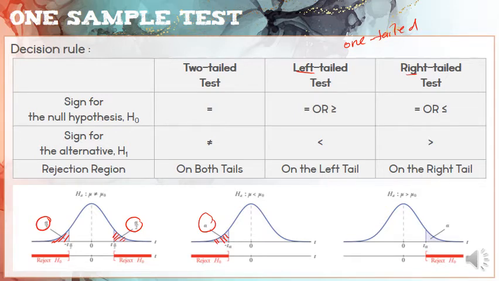Right tail on the right. Same here, kita guna alpha. Kita akan reject kalau the test value is within the critical region. So later saya akan tunjuk lagi. So this is roughly what we are going to do later. Okay.